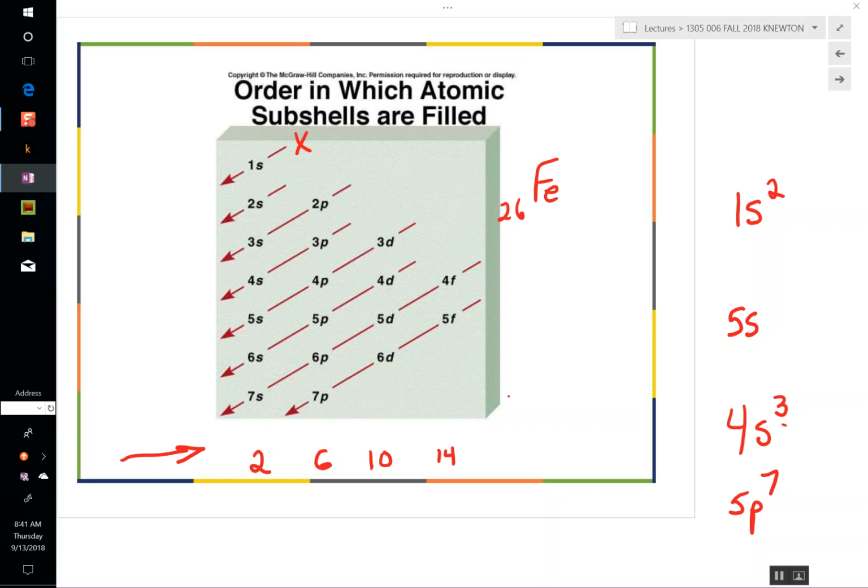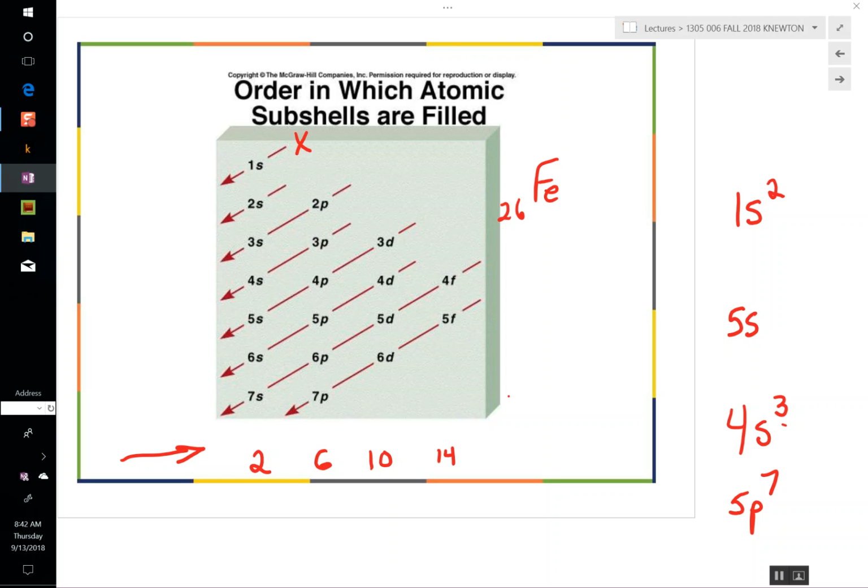But one thing you could conclude so far is that there is a direct relationship between an element's location in the periodic table, where you actually find it in the periodic table, and its electronic configuration.